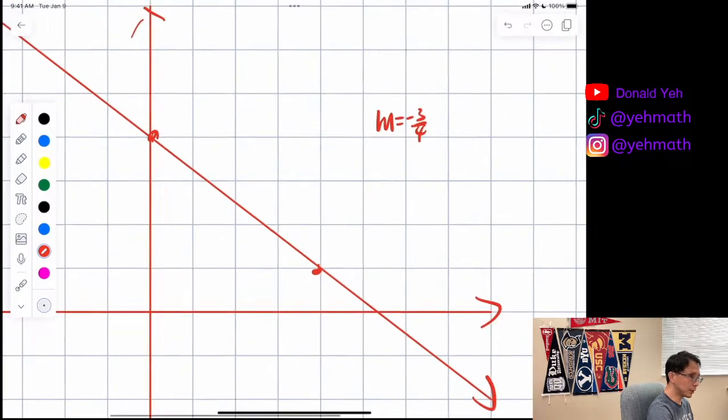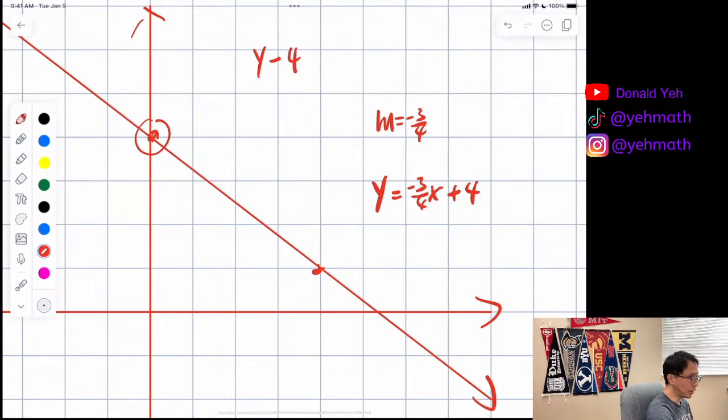So y equals -3/4x plus 4. That's exactly right. Now imagine if you were to use point slope form, would you get the same result? You would if you use this point. If you use this point, no, you won't. But y minus 4 equals -3/4 times x minus 0.